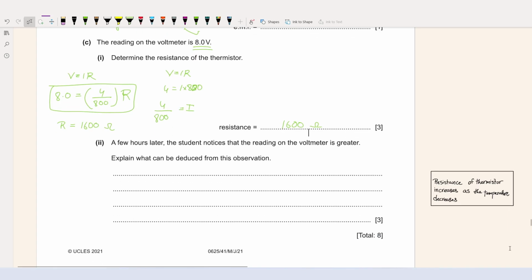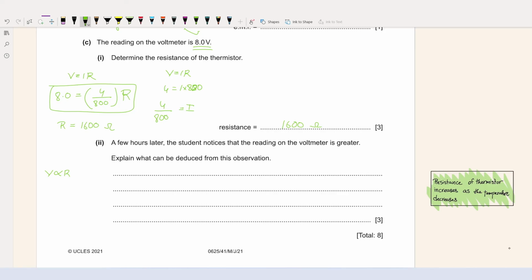Part 2 says a few hours later the student notices the reading on the voltmeter is greater. Explain what can be deduced from this observation. We know that resistance of thermistor increases as the temperature decreases, and we know that V is directly proportional to R. So that means if the resistance increases, the voltage also increases.